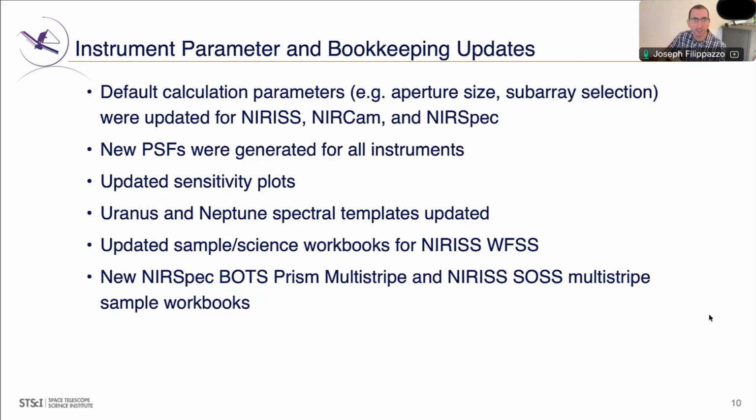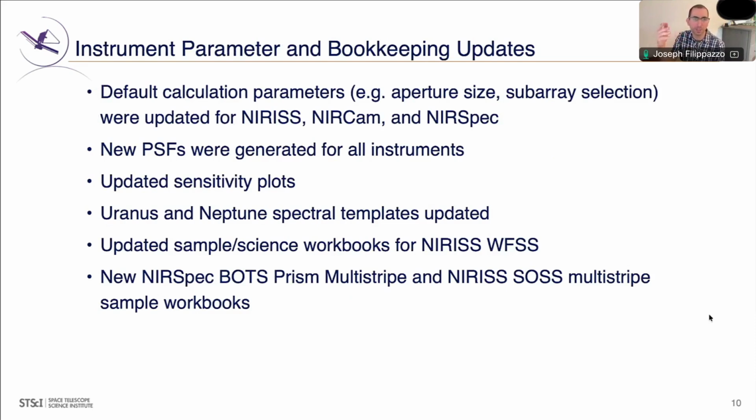Let's see. Yeah, so we also did a number of improvements to default calculation parameters, including aperture sizes and subarray selections. For NIRCam, NIRISS, and NIRSpec, these default values for calculations were updated.